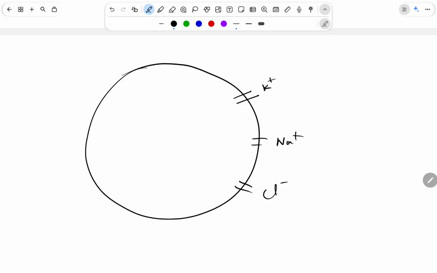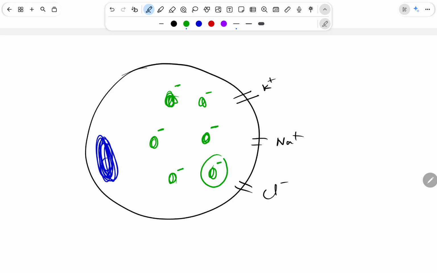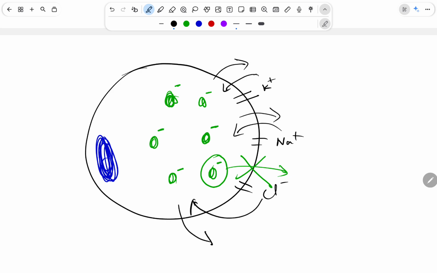And this will lead to redistribution of all these ions, because the fixed charges inside the cell, that is the protein, are impermeable. It means the membrane is impermeable to the protein. These cannot move. So it will lead to redistribution of potassium, sodium and chloride.